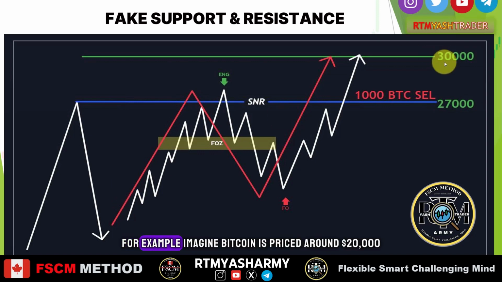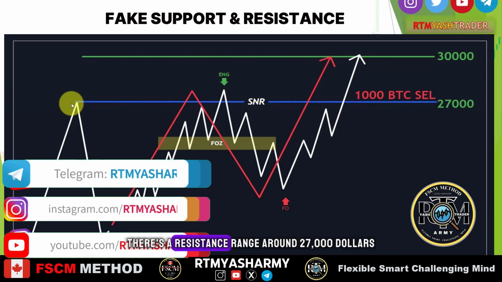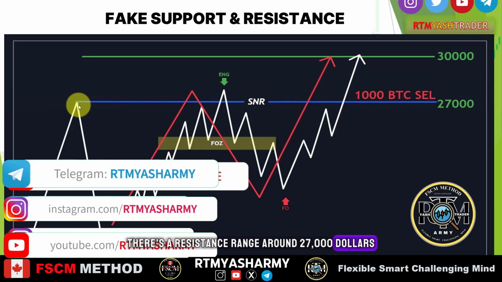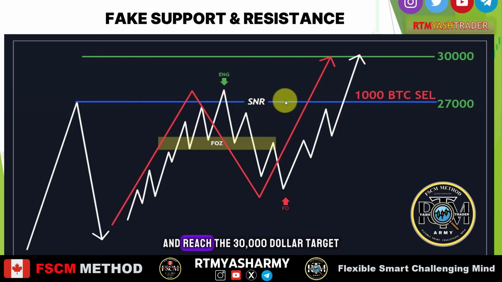For example, imagine Bitcoin is priced around $20,000 and big boys want to sell at $30,000. Assuming there's a resistance range around $27,000, which represents a sell order range. To break this resistance and reach the $30,000 target, big boys first need to break it. They begin by spending some money.